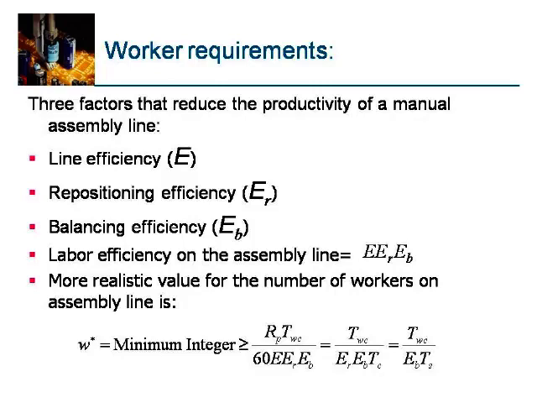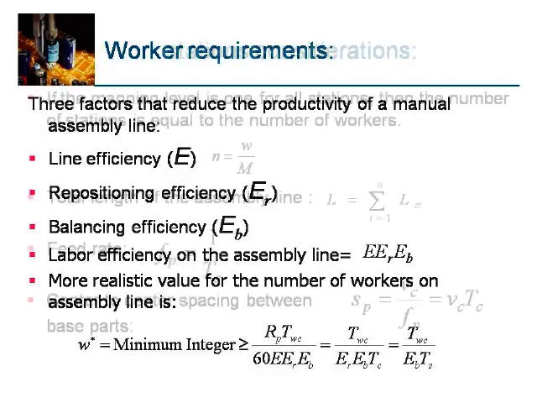A more realistic value for the number of workers on the assembly line is a minimum integer W star, which is more than or equal to RP into TWC divided by 60 E ER EB, or TWC divided by E ER EB TC, or TWC divided by EB and TS.